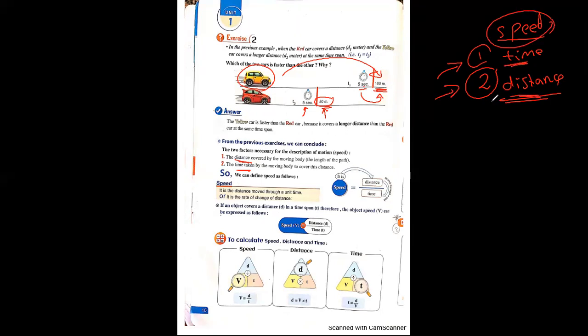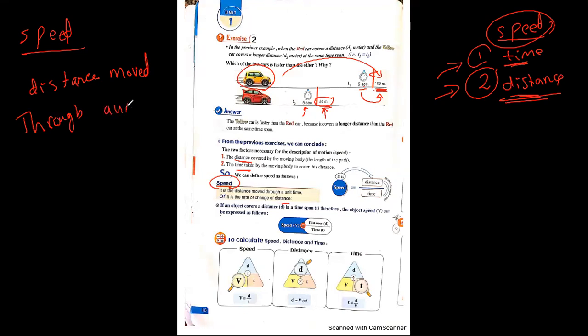And I took in the previous page the definition of motion and the definition of the speed. Now we take speed in another definition. It is the distance moved through a unit time, or the rate of change of distance. Speed is the distance moved through a unit time.